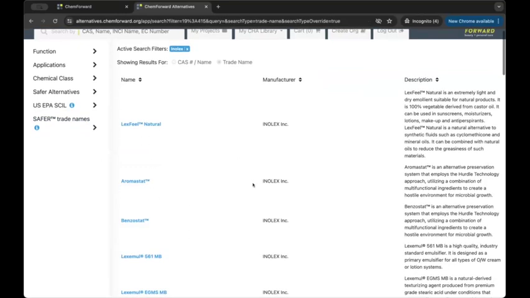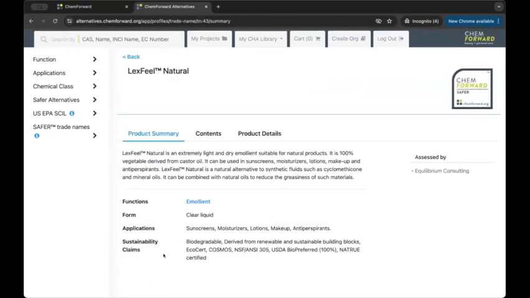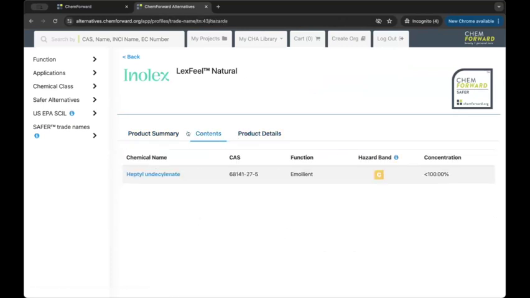But what this does is it offers manufacturers the option to either disclose all of the contents of our particular trade name ingredient, or redact some of those. So this isn't a great example because this is approximately 100% this one CAS number.